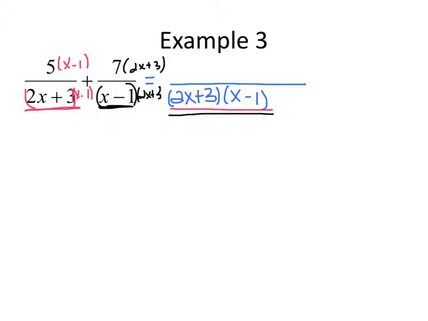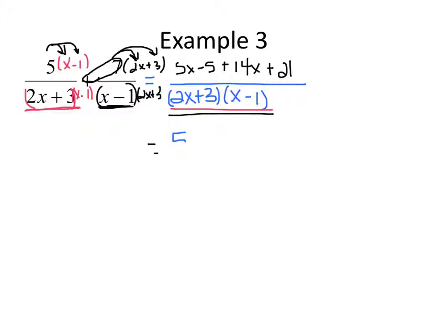So now, applying just what we did before where we distribute, that's what we're going to do. We're going to take 5 times x and 5 times negative 1. We're going to take a positive 7 times 2x and a positive 7 times 3. So we're going to get 5x minus 5 plus 14x plus 21. Combine like terms.